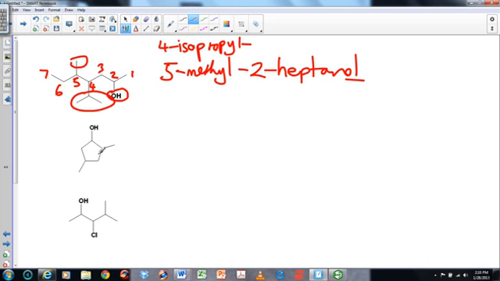Let's come down to this one. We'll do the cyclic one in a minute. What's the longest carbon chain here? Well, it's 1, 2, 3, 4, 5, or counting from the left, because you encounter the OH here, it's 1, 2, 3, 4, 5. Now 5 carbons, of course, is pentanol, or pentane, because it's an alcohol. Alright? It's going to be pentanol. The OH is always going to take precedence over every other functional group we've encountered so far.